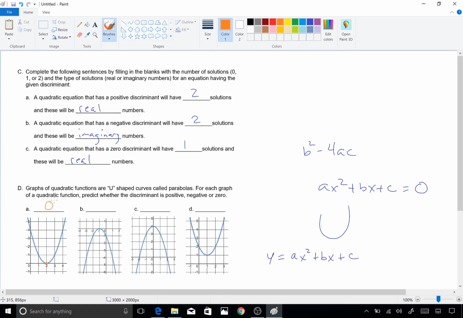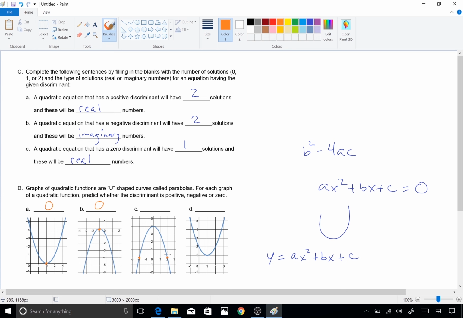B. Again, this graph only hits the x-axis at one point. Y equals 0 only when x equals negative 1. That means one solution. The discriminant is 0. For C, ax squared plus bx plus c equals 0 when x equals negative 2 and when x equals 2.